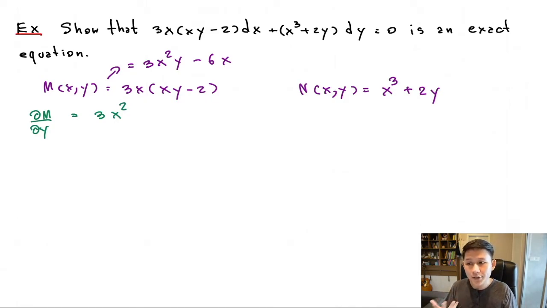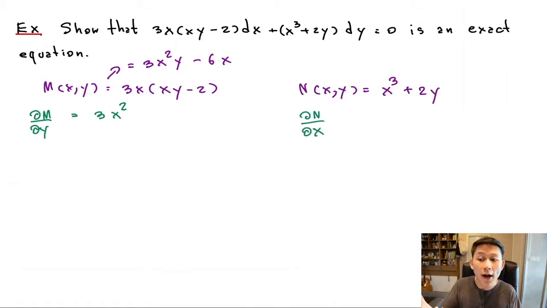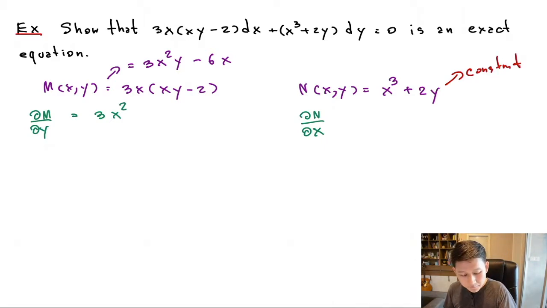Similarly here, if you want to find the derivative of N by x, you think of y as a constant. So the derivative of x cubed is 3x squared, right?